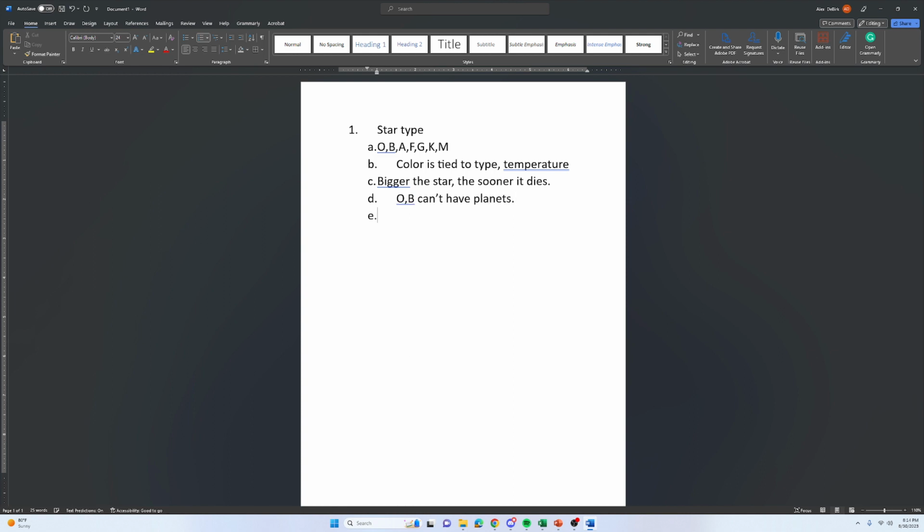They die too soon. And you need to have F, G, K for life. Okay? The reason is that these are the ones that are stable long enough for life to evolve, especially the Ks. Scientists think maybe K is the most ideal for life. F, you have to be on like the cool end of it.